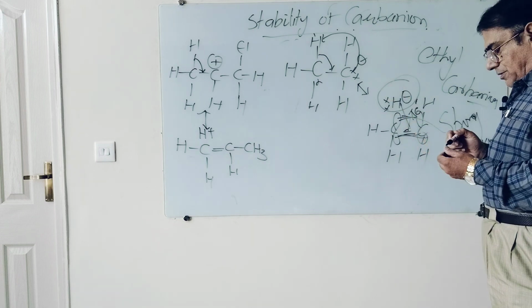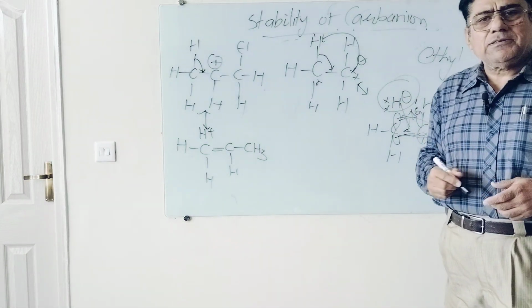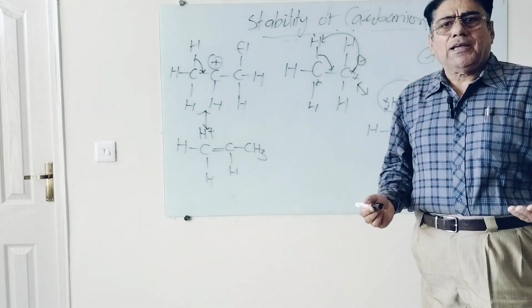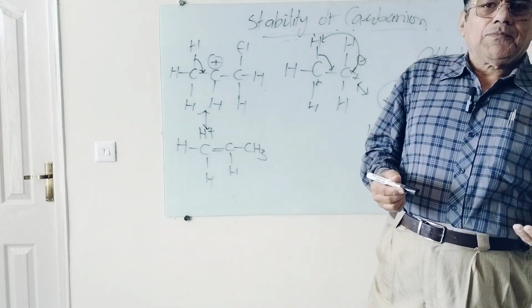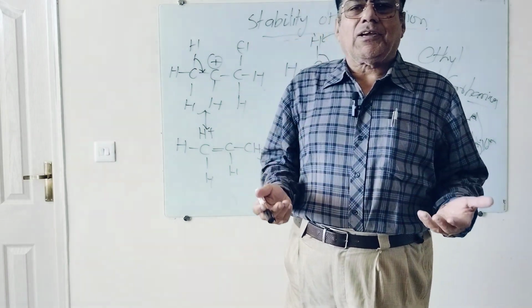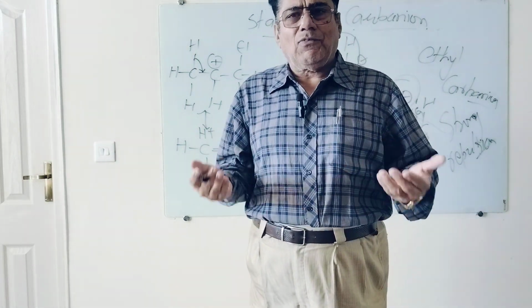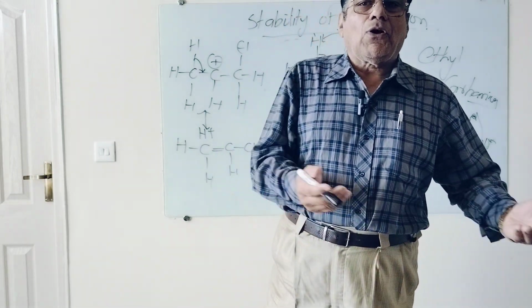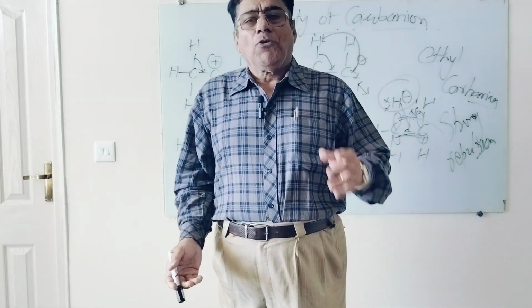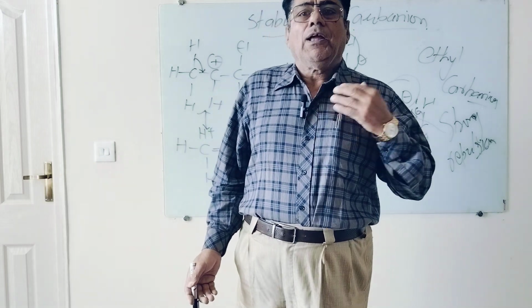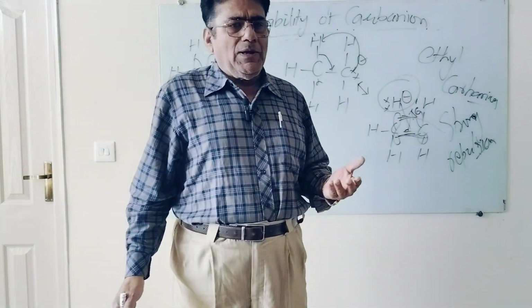This pi bond and hydride ion repulsion will be very high. Probably this is the reason, because if the repulsion is very high, that will destabilize. And the factor which destabilizes, we cannot consider as stabilization. I might be wrong, so write in the comment box if you agree with me.